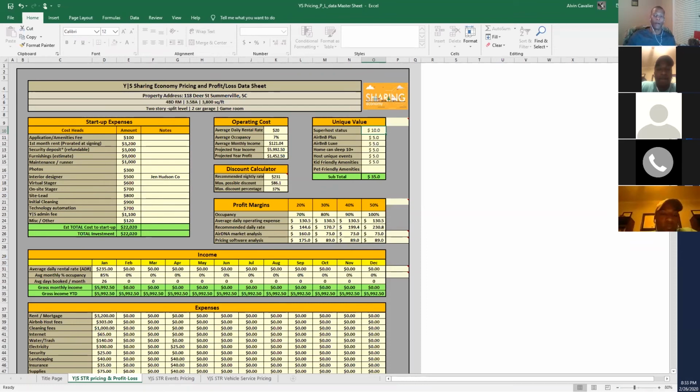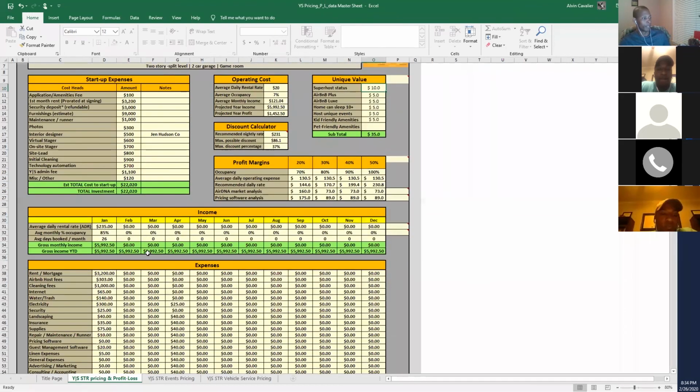So just a quick recap, and then before I go, I think I hit the income, but the other part of this is a complete profit loss statement for you.